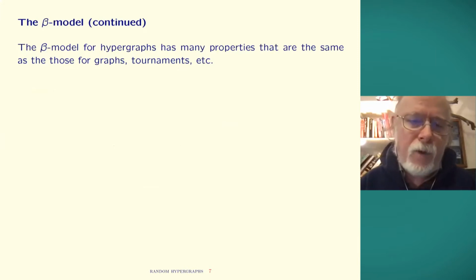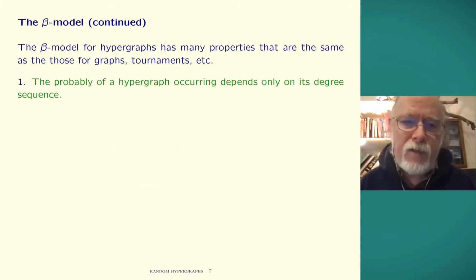This model of hypergraph has many interesting properties. I'll just mention a couple of them. One interesting property is that the probability of a particular hypergraph occurring depends only on the degree sequence of that hypergraph. So any two hypergraphs with the same degree sequence have equal probability of occurring.